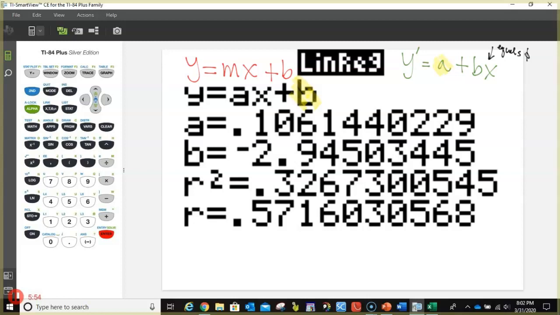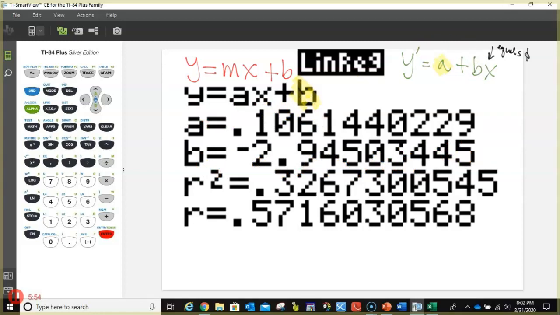We want to look at the values as y equals a, where a is our y-intercept or our y prime intercept, and that actually is the b value here. Because in this setup, the b is the y-intercept. It's the value without the variable x.